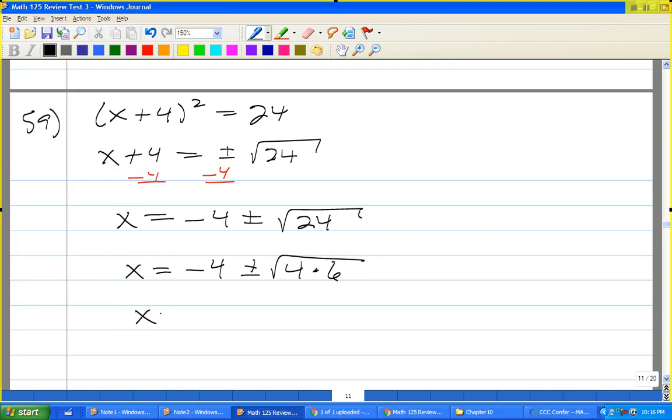So this is equal to negative 4 plus or minus. The square root of 4 is 2.